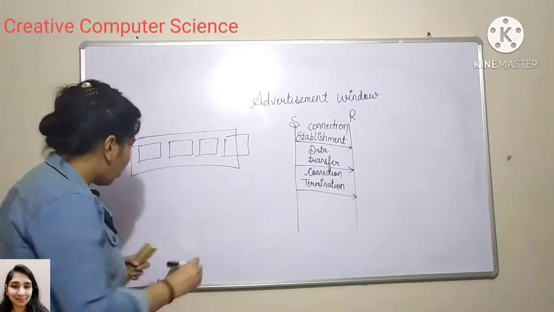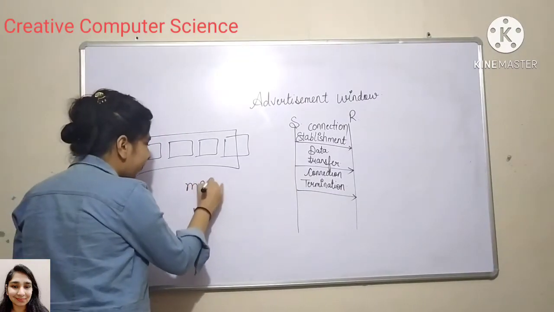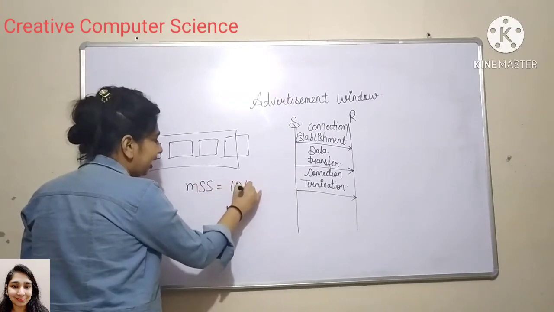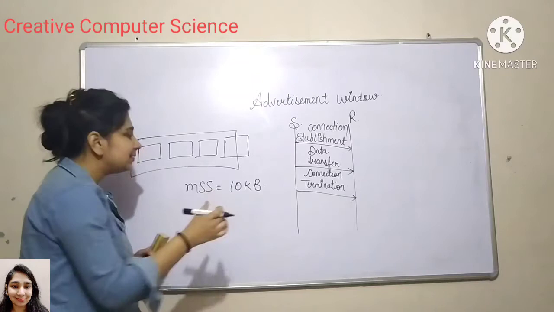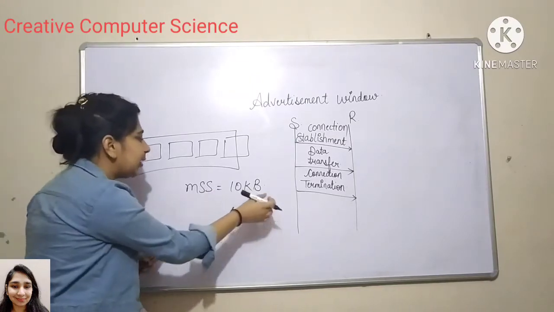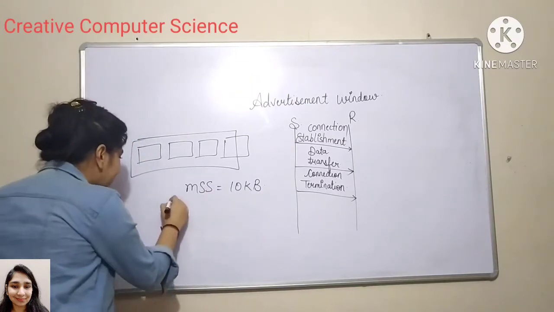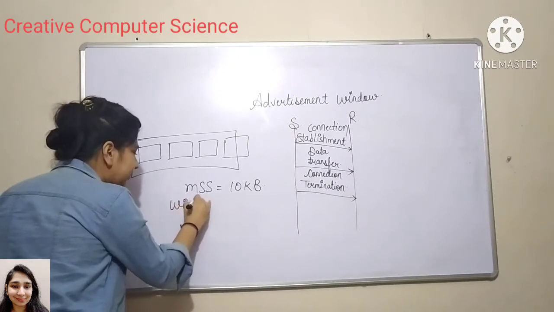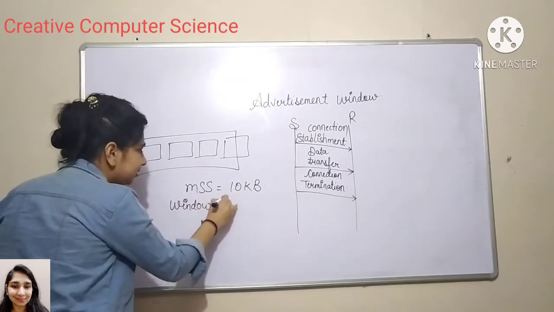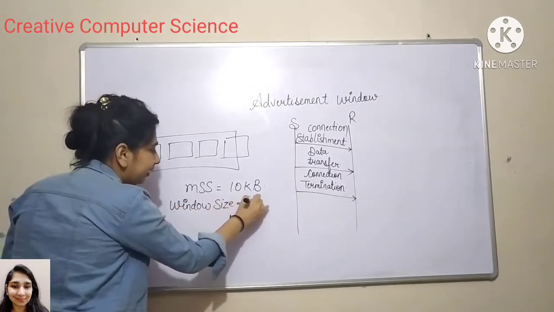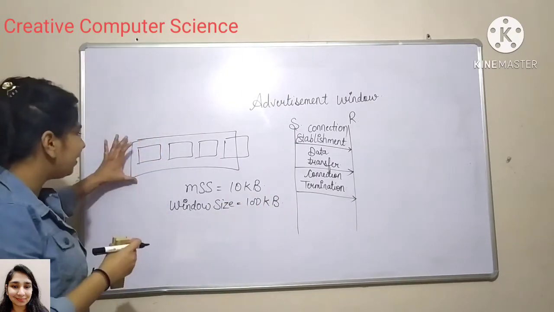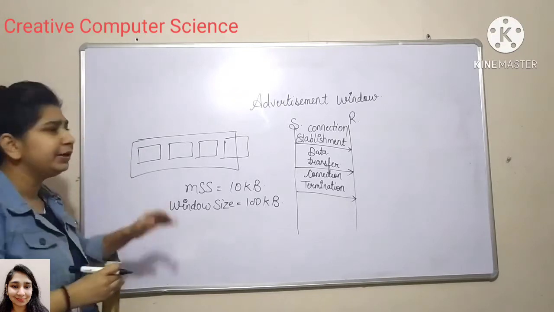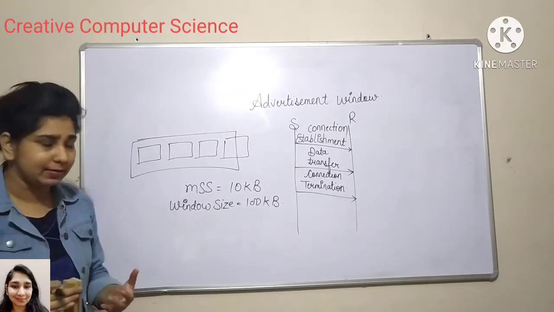Let's suppose the maximum segment size is 10 KB. The size of one segment is 10 KB, and the advertisement window size is 100 KB. Window is nothing but a buffer which is going to store your segments.